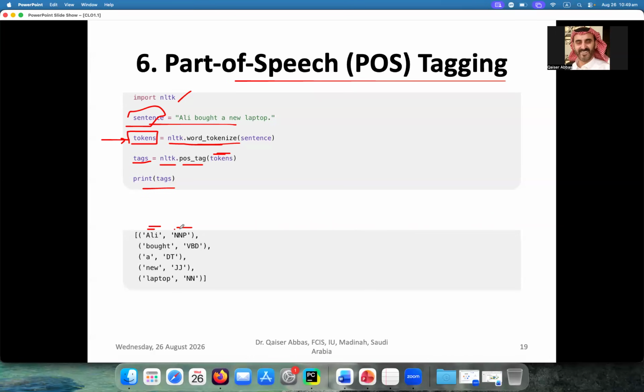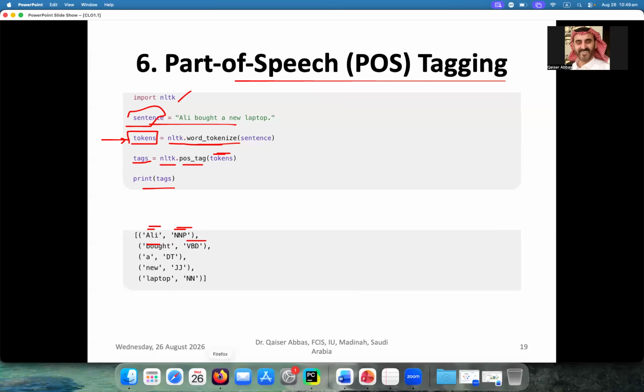So Ali is a proper noun. Bought is a verb, but past tense, and the past tense verb is displayed according to the Stanford part of speech tagset as VBD.